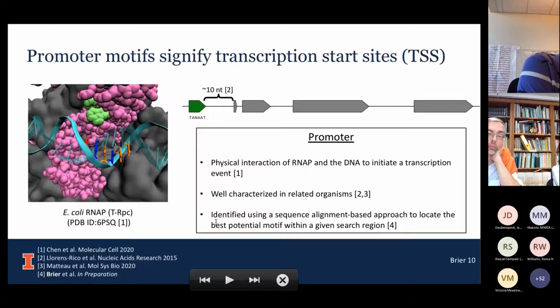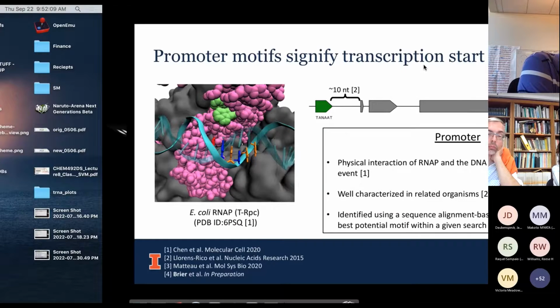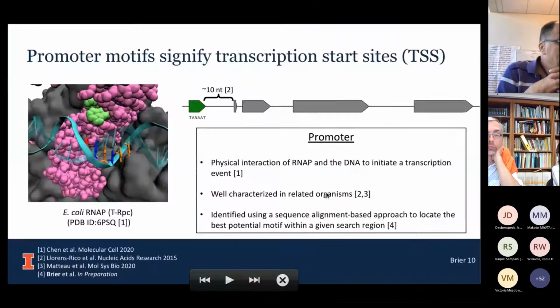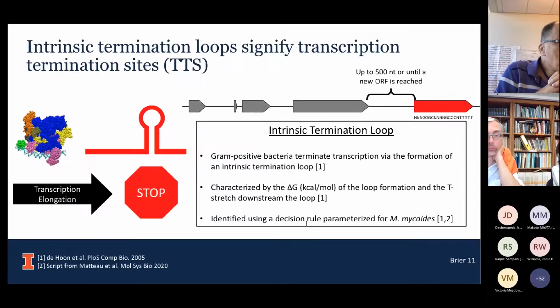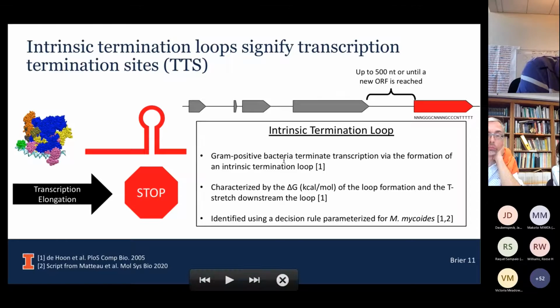What's interesting is we've been able to identify it using a sequence alignment-based approach, finding the best potential motif for each of the genes within the minimal cell. The same thing has been done for the intrinsic termination loops, which are sites of transcription stopping within gram-positive bacteria.